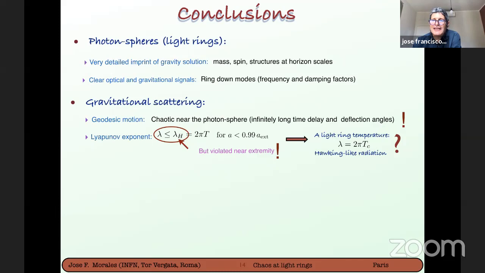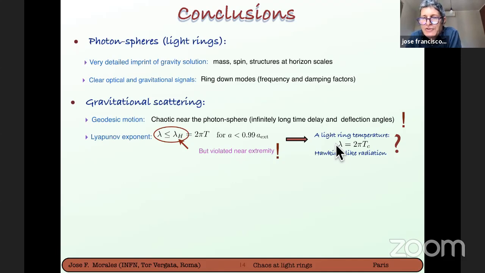This suggests that maybe we can associate a temperature to the black hole photosphere, which is different from the black hole temperature T. All the physics near the horizon depends only on the temperature of the black hole. Now we are saying that the physics near the photosphere depends on another temperature, which I can define simply as lambda divided by 2 pi.